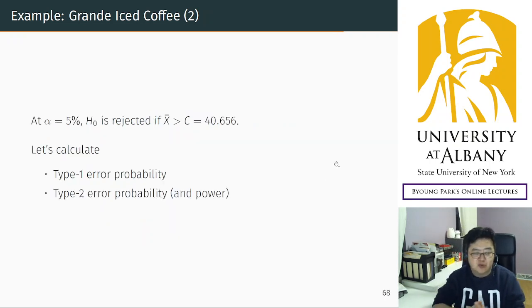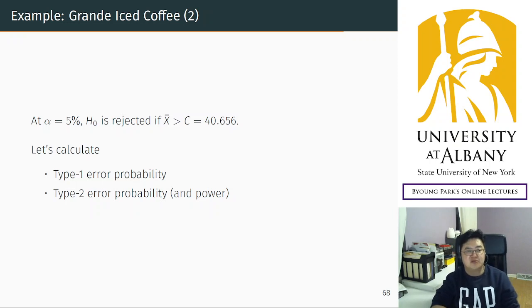Okay, now, the reason why I calculated the critical value is to study type 1 error and type 2 error probabilities. You remember earlier in this chapter, we learned in the last lecture how to calculate the type 1 error probability and type 2 error probability at that time for two-tailed tests.